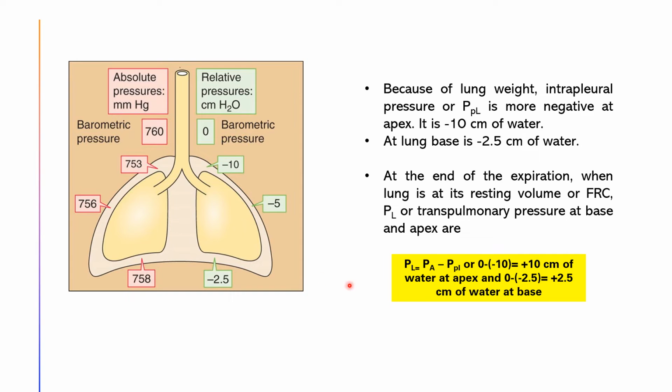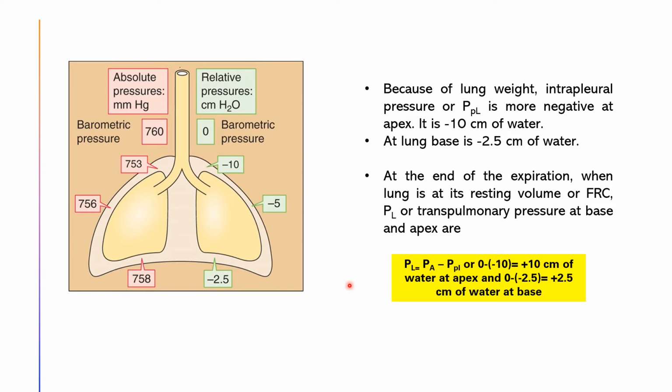Now, when the lung has expired the whole air, when the lung is at its resting volume or FRC, functional residual capacity, the transpulmonary pressure at the base and apex will be like this. At this FRC, the alveolar pressure is 0. So we can write the equation this way: transpulmonary pressure is equal to 0, that is the alveolar pressure, minus minus 10 centimeter of water at the apex.